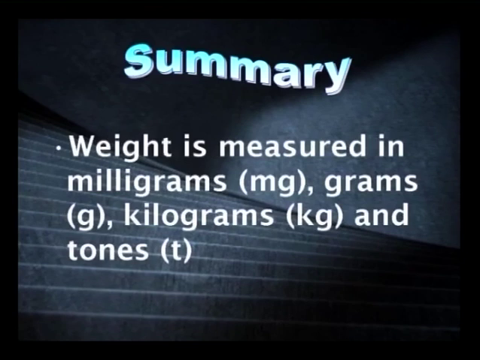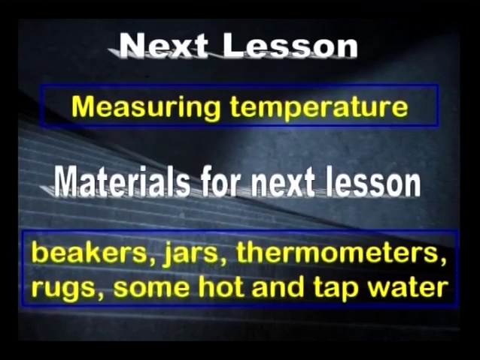All right, class, our next lesson will be on measuring temperature. The materials needed for the next lesson: beakers, jars, thermometers, rags, some hot water and tap water filled in the bottle. Okay.